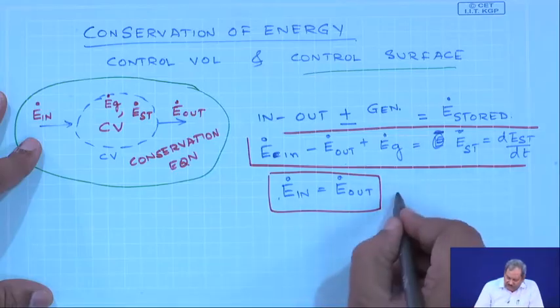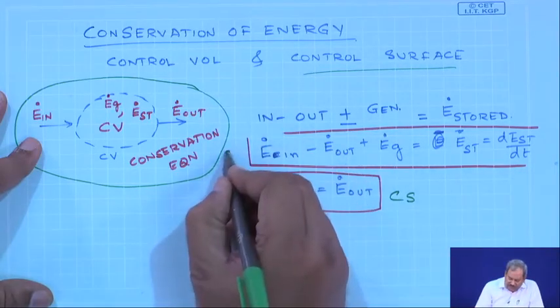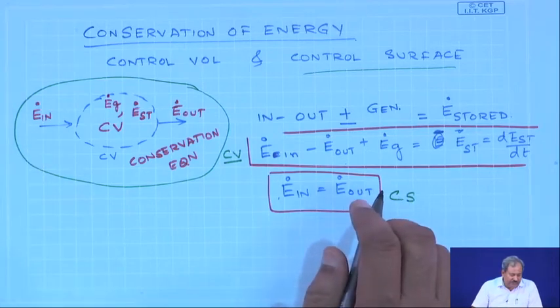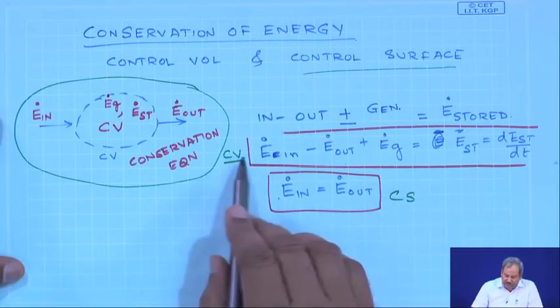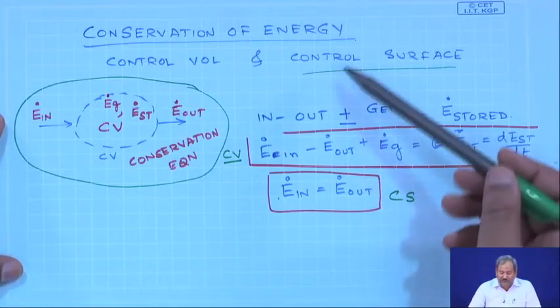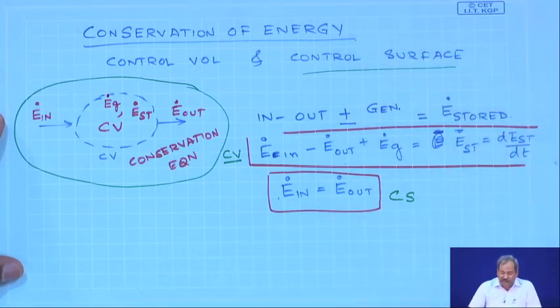So, this is for a control surface, and what you have here is for a control volume. That is the difference between a control volume and a control surface formulation as far as the conservation of energy is concerned.